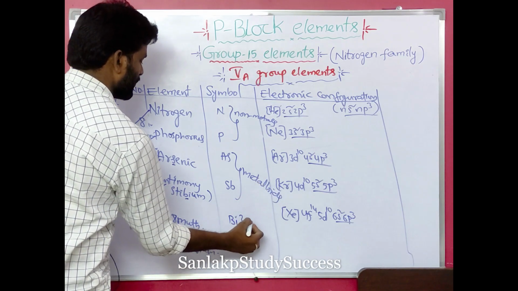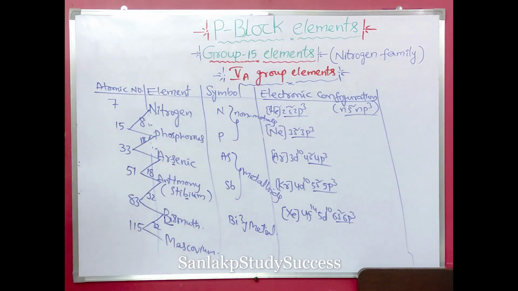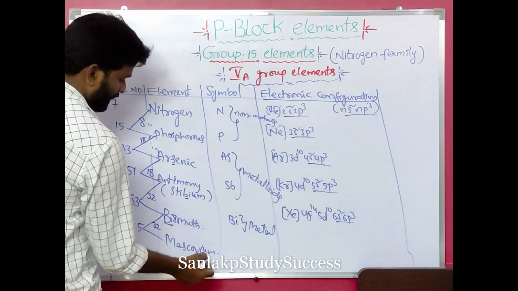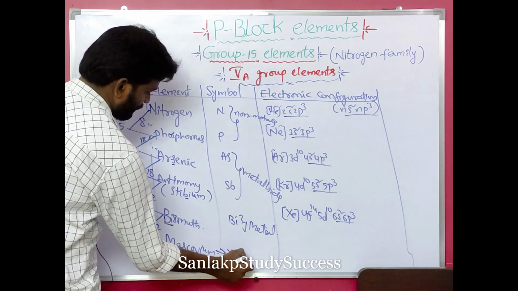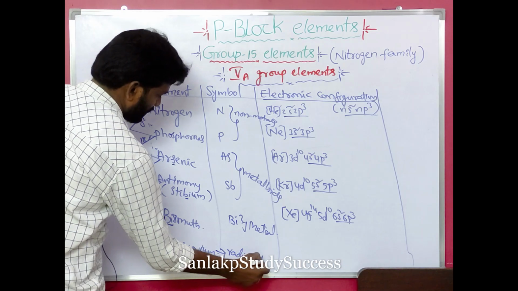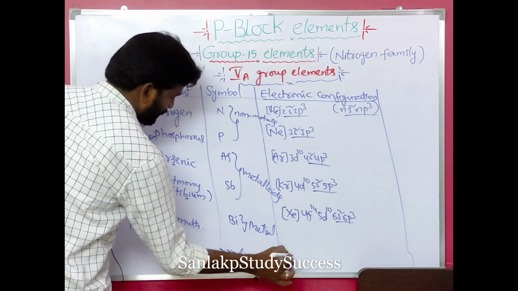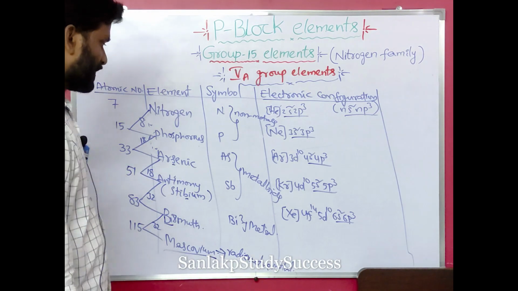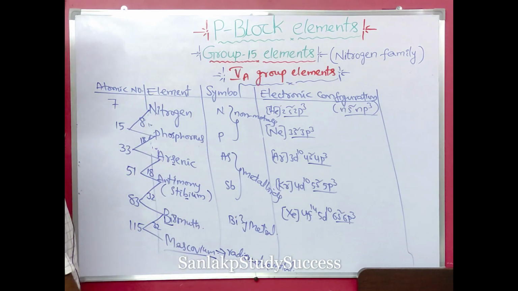Bismuth is a metal, and this is a radioactive element. Its chemical properties cannot be given. This is the radioactive metal. Bismuth is the typical metal.